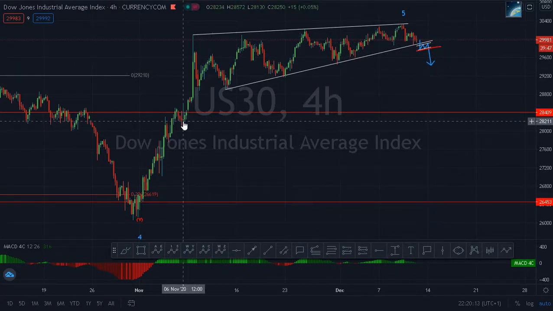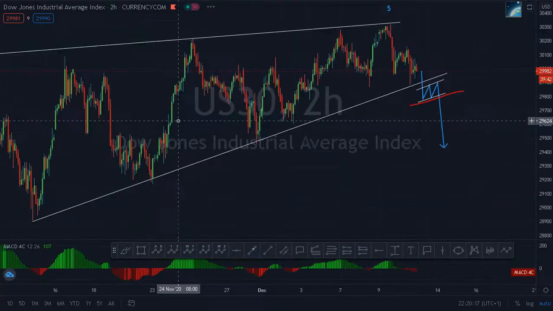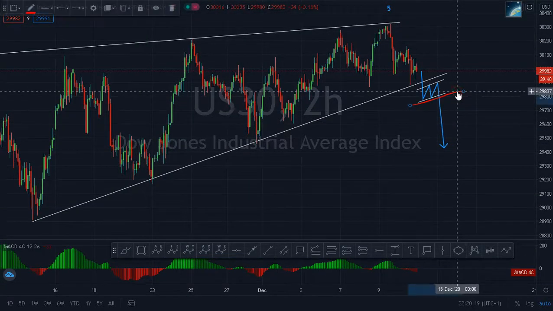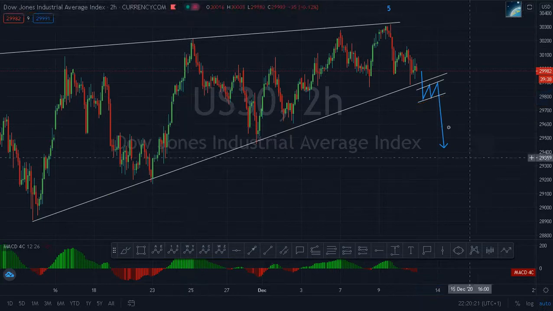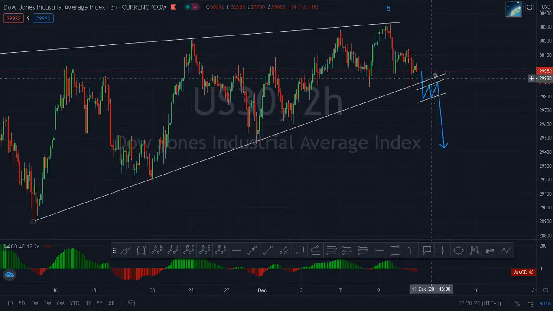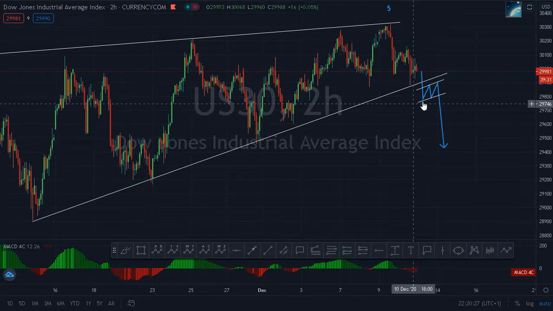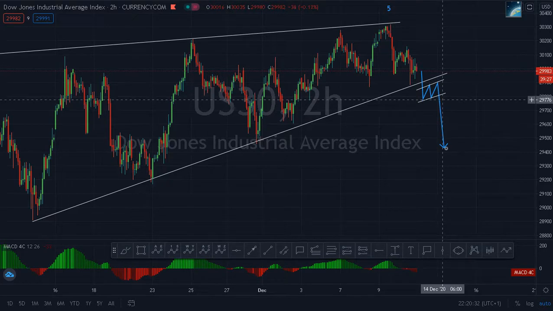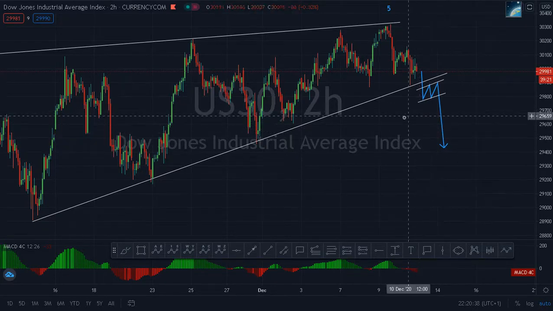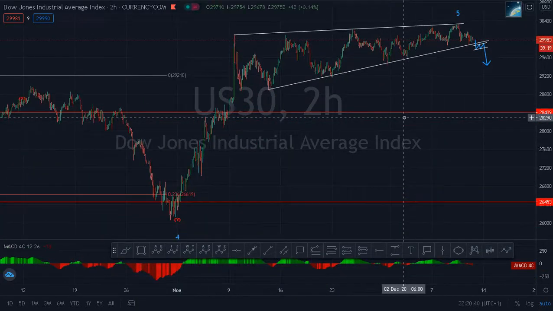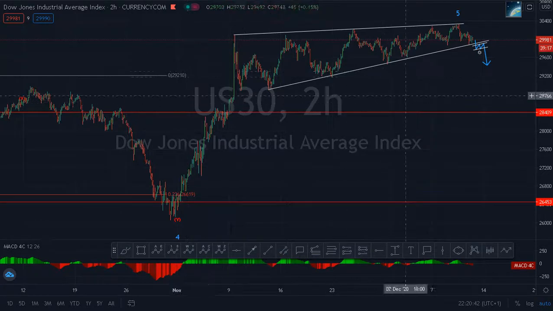Let me go to 2 hours to see it in a better way. So what we're gonna do is that if this channel is broken and we get A, B, C, then we place a sell stop below the low, and if price comes down, we will be in the market and make profit. So I'm looking for sell. I'm not looking for buy on US 30 because of this very structure.